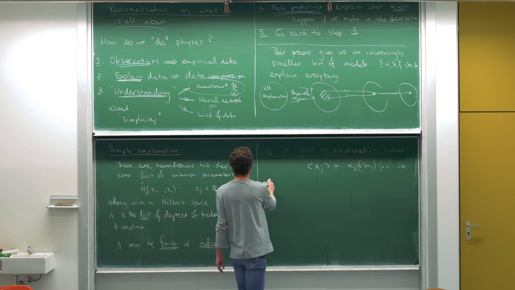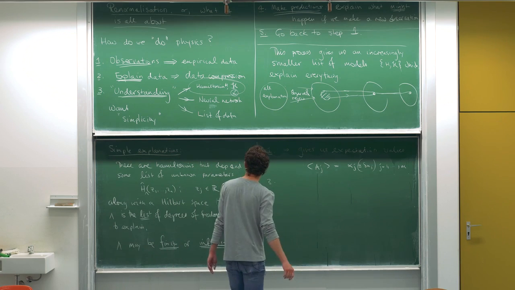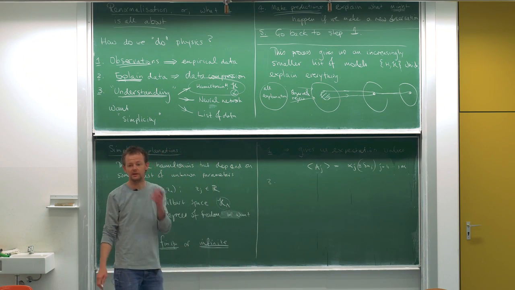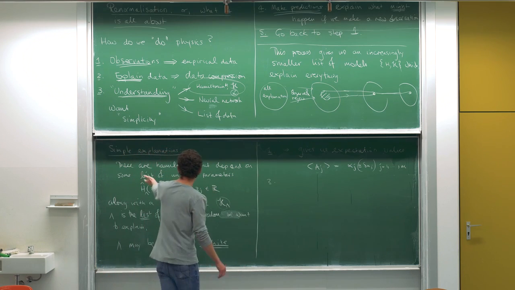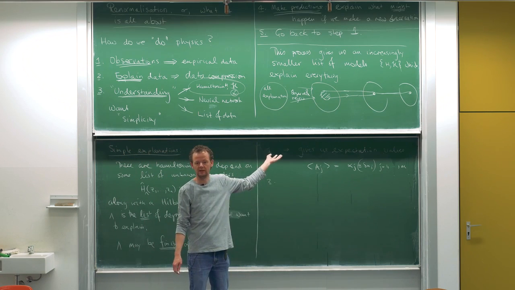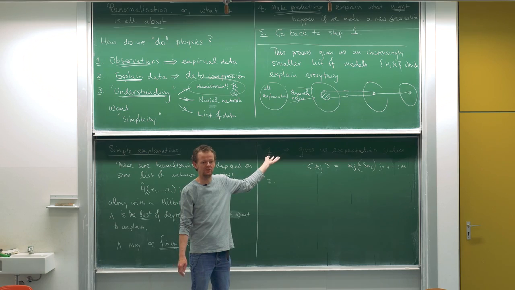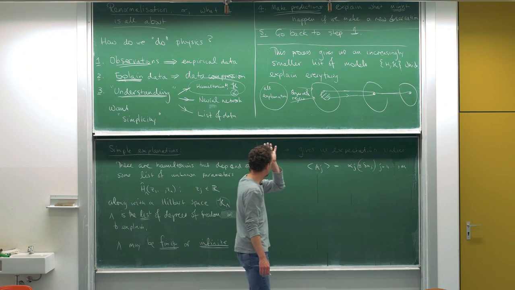And then we want to explain the data. We want to understand it. How do we do that? Well, we take all the models that we have that haven't been yet rejected, see what they would predict, and try and match that data.